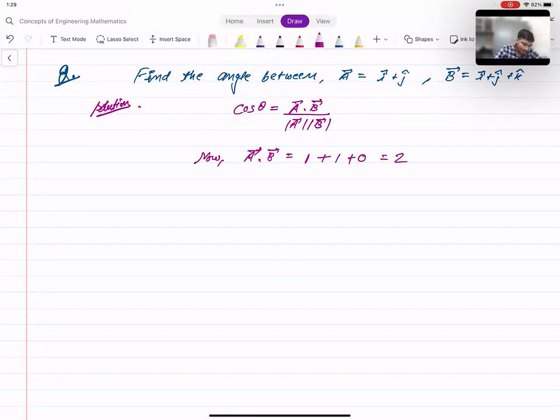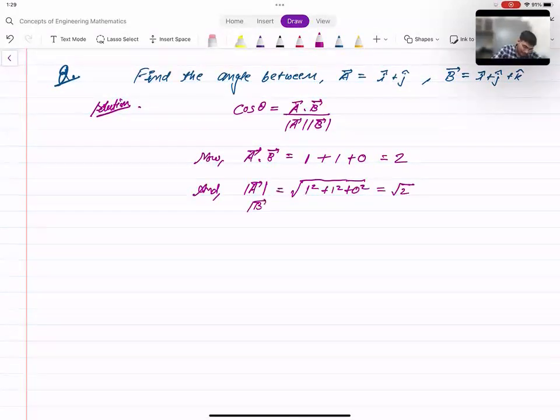Now we will need the magnitudes of vector A and vector B. The magnitude of vector A is the square root of the sum of squares of all the components, so 1 square plus 1 square plus 0 square, which is root 2.